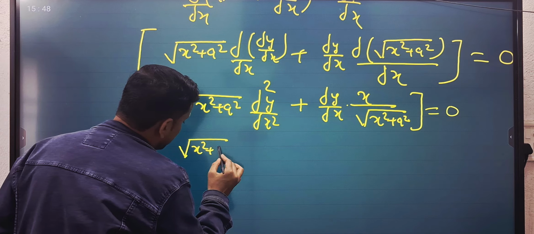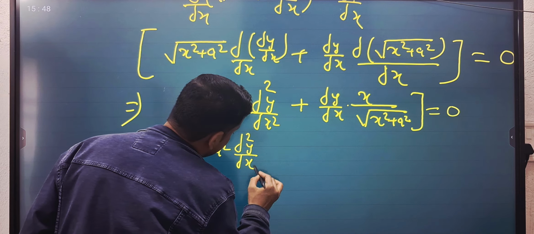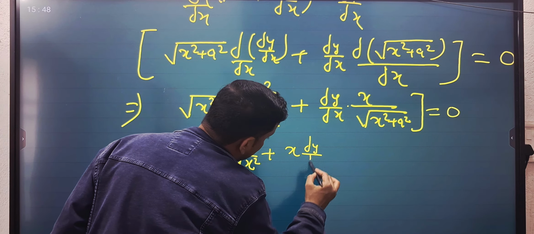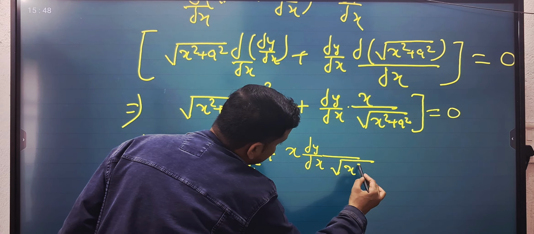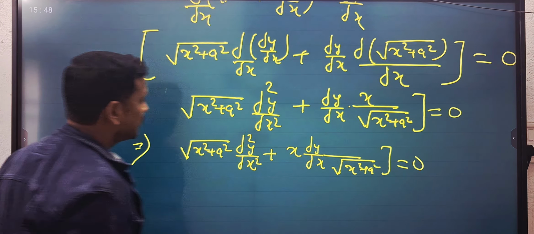Here is root under x square plus a square d square y by dx square plus x dy by dx divided by root under x square plus a square equals 0.